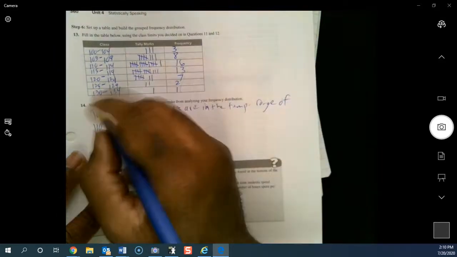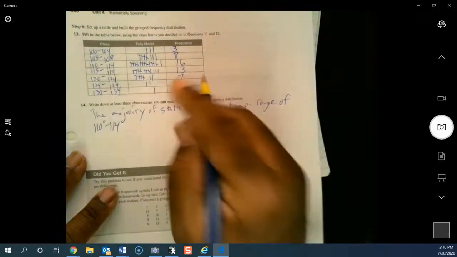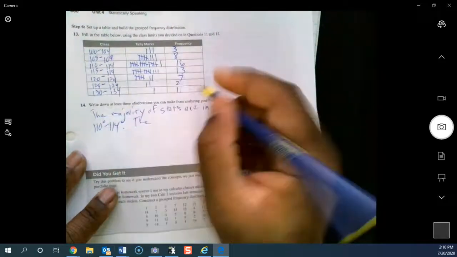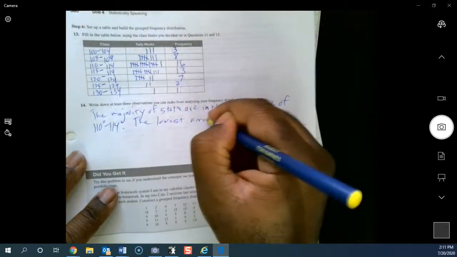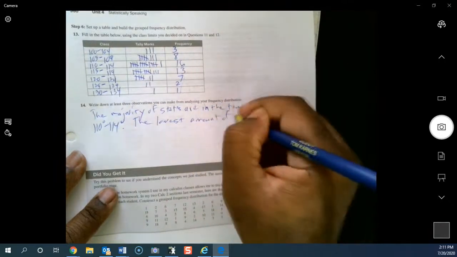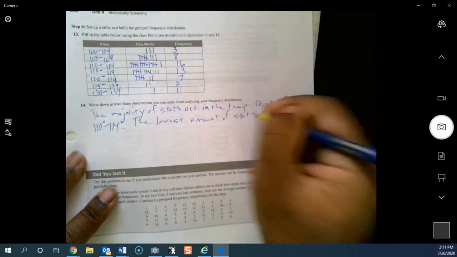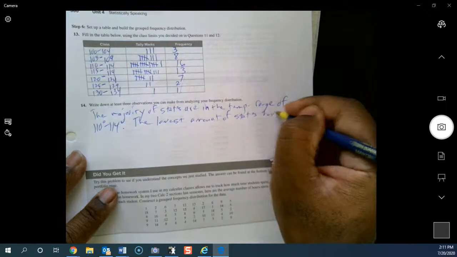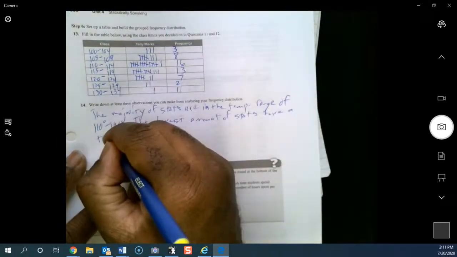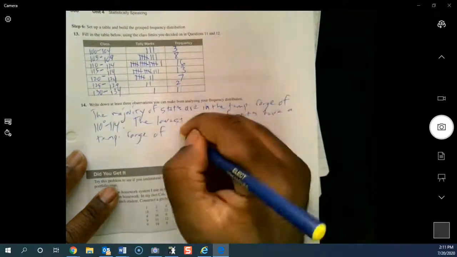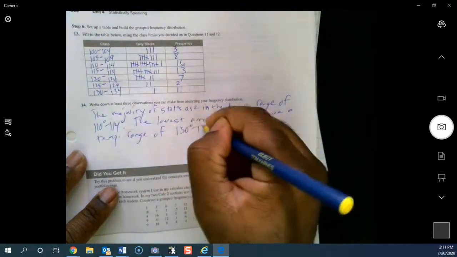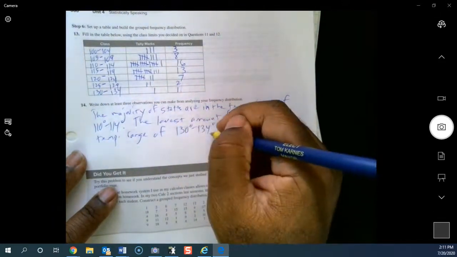Then we can say the lowest amount of states have a temperature range of 130 degrees to 134 degrees.